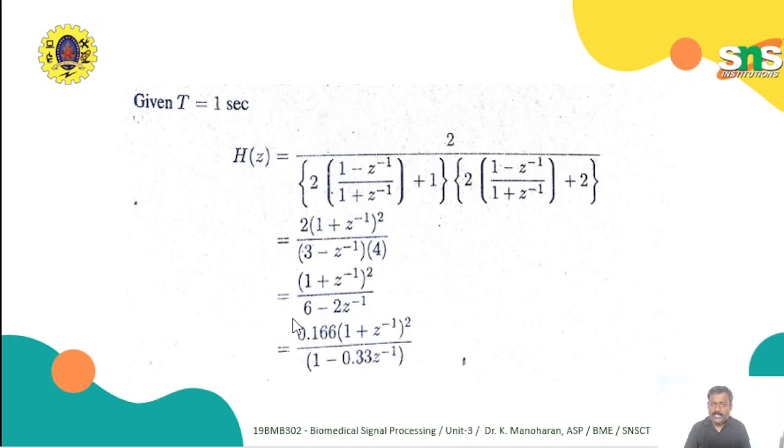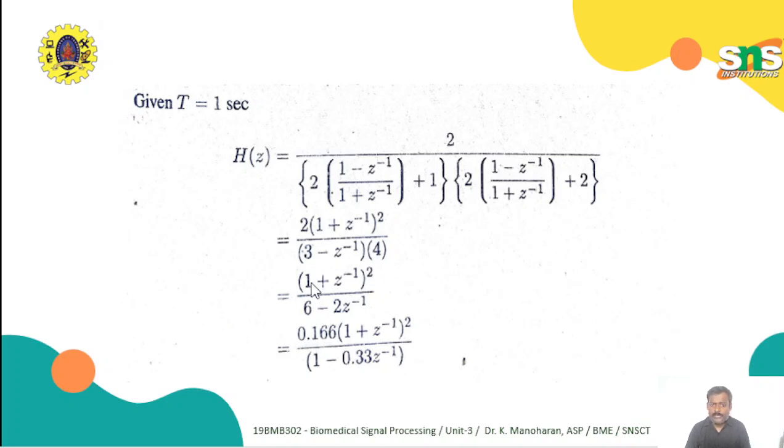If I take 6 common, you get 1 minus 2 by 6, that is 0.33 into z inverse. This is the denominator term. After taking the 6 common, the 6 should be brought to the numerator, so it becomes 1 by 6, which is 0.166.